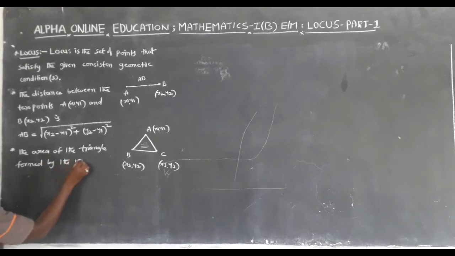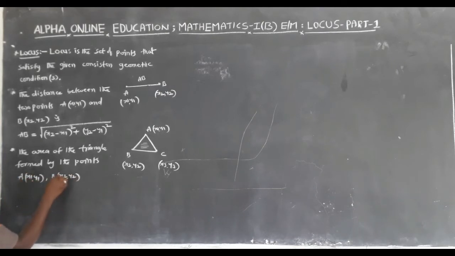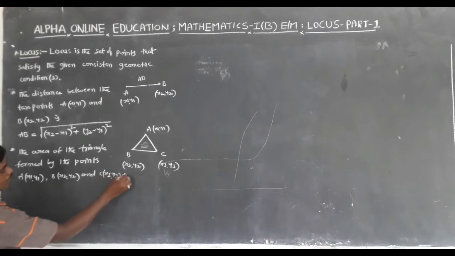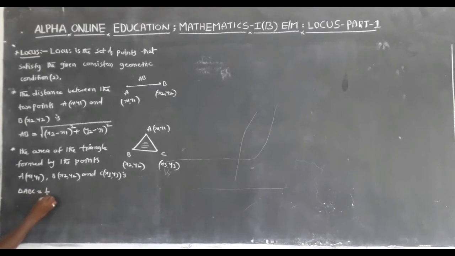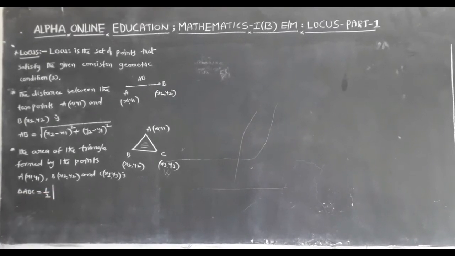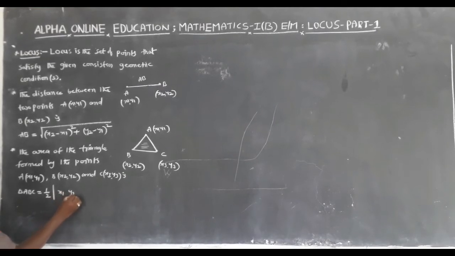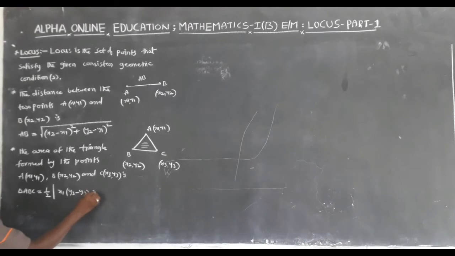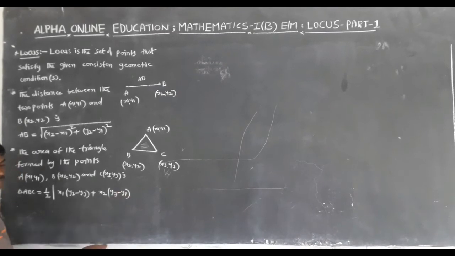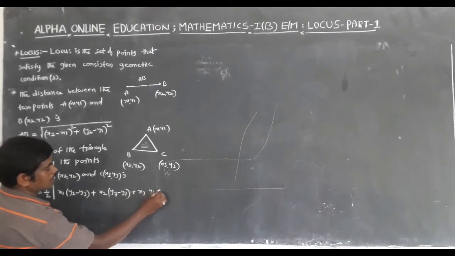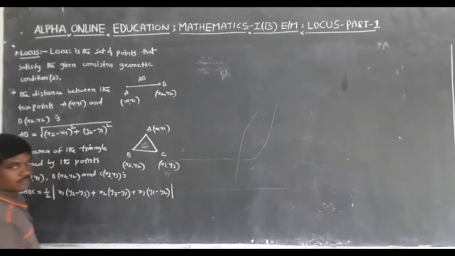The area of the triangle ABC formed by the points A (x1, y1), B (x2, y2) and C (x3, y3) is equal to 1 by 2 mod of x1 into (y2 minus y3) plus x2 into (y3 minus y1) plus x3 into (y1 minus y2).